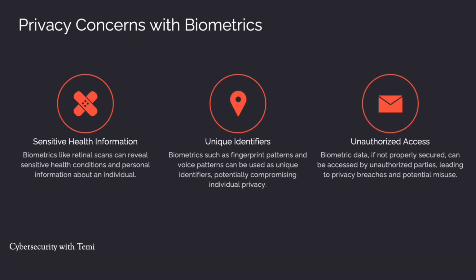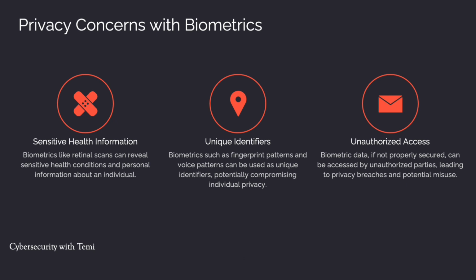Also, the complexity of implementing this method poses some challenge, as it requires sophisticated technology and infrastructure. There are also privacy concerns with biometrics, because biometrics can reveal a lot about an individual. For instance, sensitive information can be inferred from biometric data like retina scans. Recent studies have shown that this is a possibility. You can know that somebody has a certain disease just by looking at their retina scan, and that raises issues of confidentiality.